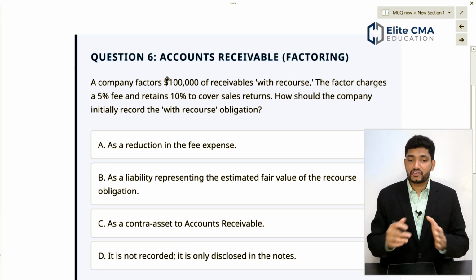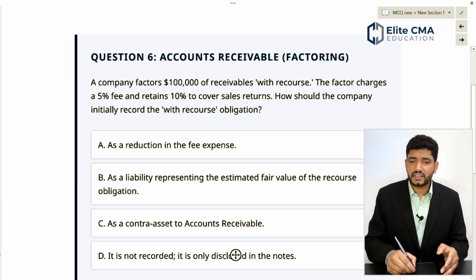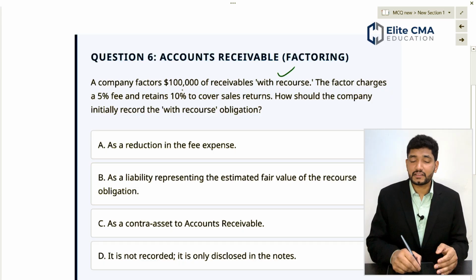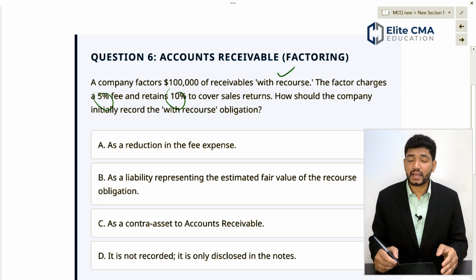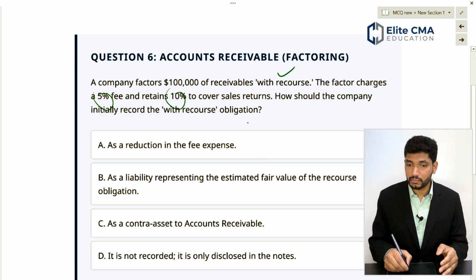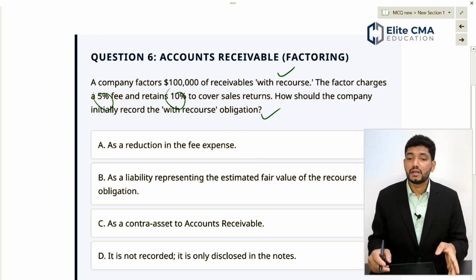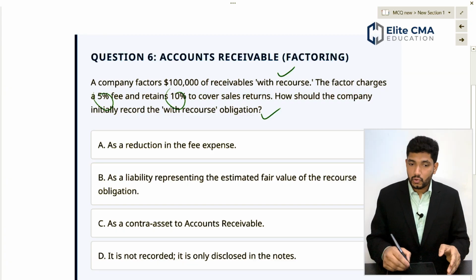Let us move into question number 6. A company factors 100,000 of receivables with recourse. The factor charges a 5% fee and retains 10% to cover sales returns. How should the company initially record the recourse obligation? Option A, reduction in fee expenses.